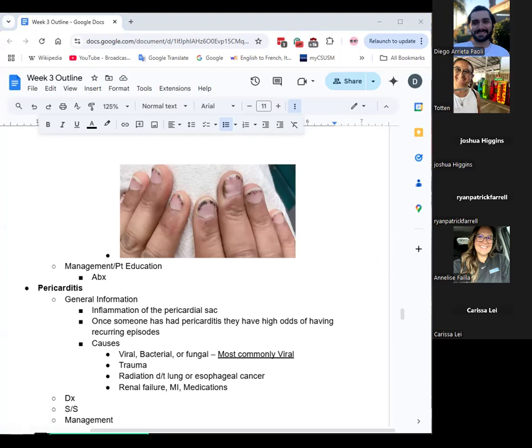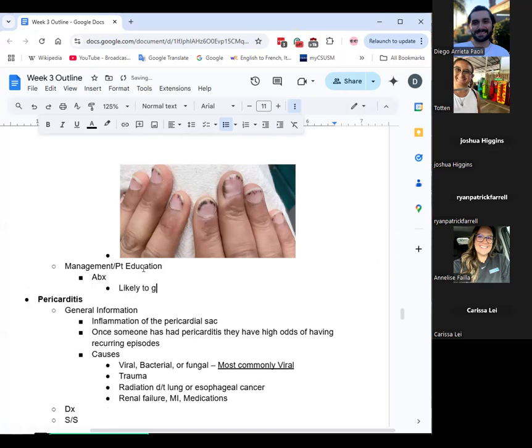Also hold Lexiscan, and take antibiotics before the dentist. Pretty much, yeah. So antibiotics, likely to go home on a PICC line.